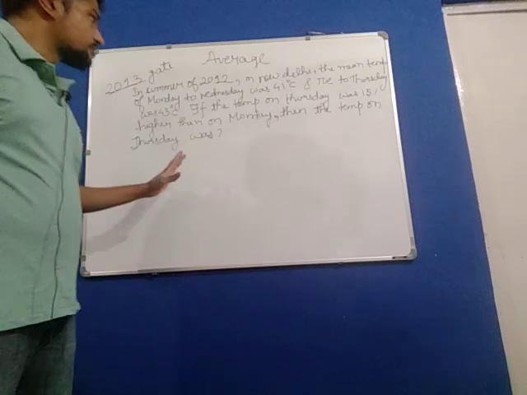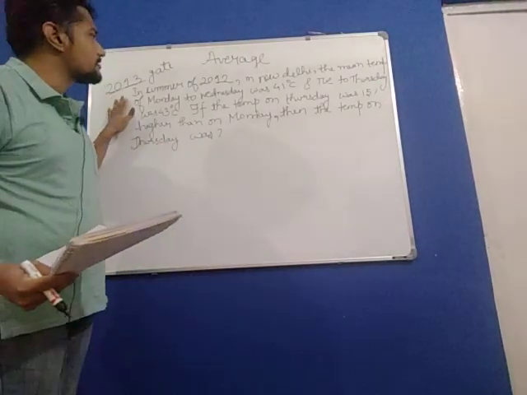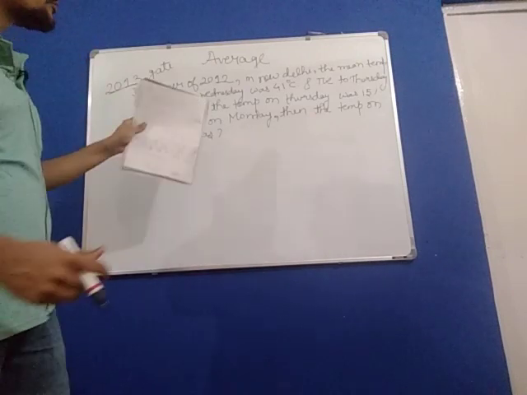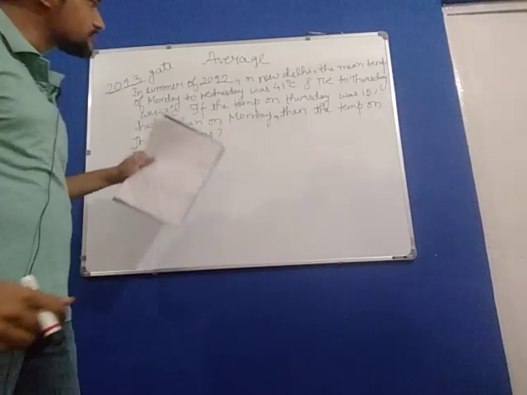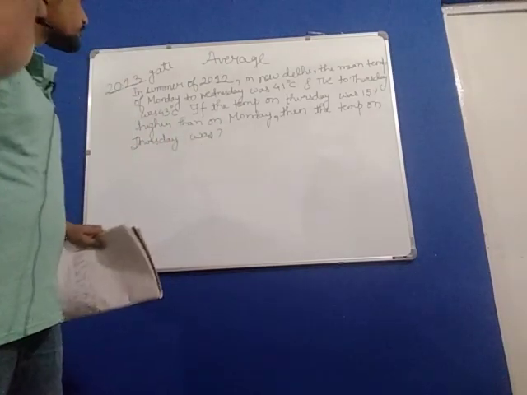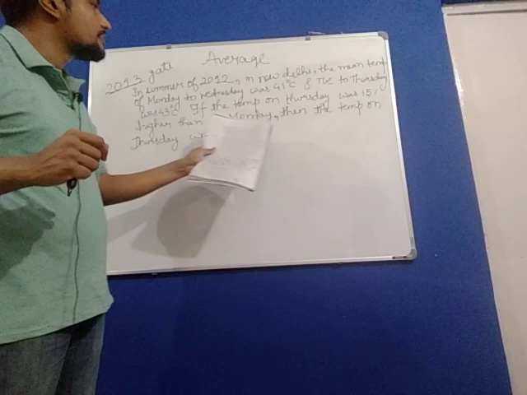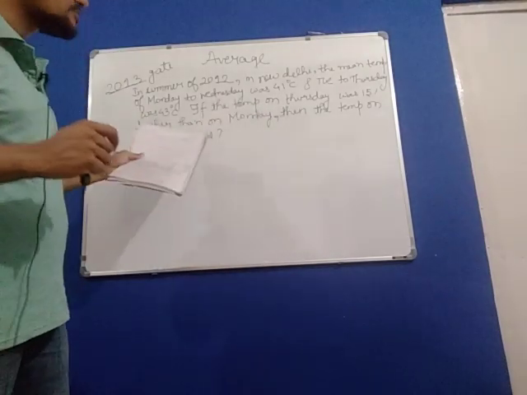So I hope the question is clear. We are being told that in the summer of 2012 in New Delhi, the mean temperature of Monday to Wednesday was 41 degrees Celsius and Tuesday to Thursday was 43 degrees Celsius. If the temperature on Thursday was 15% higher than that on Monday, then we have to calculate the temperature on Thursday.